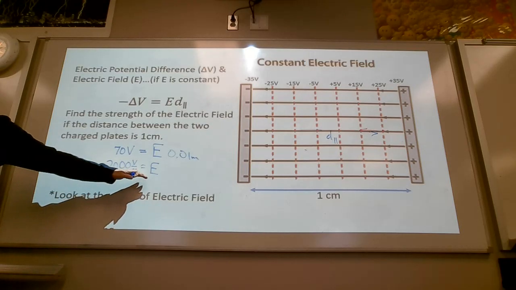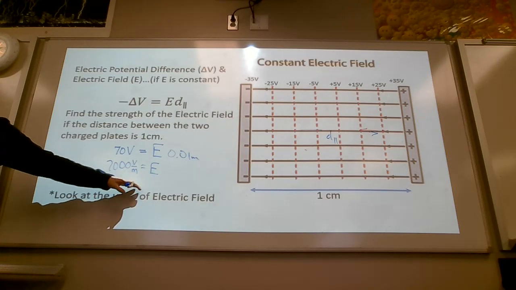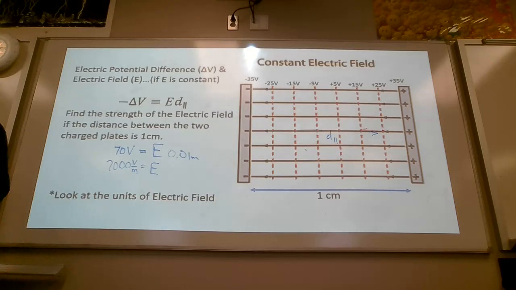But I thought electric field was newtons per coulomb. Volts per meter. Well, it's in an equation, so it's got to reconcile. How do we do that? A volt is a what? Joule per coulomb. And a joule is a what?